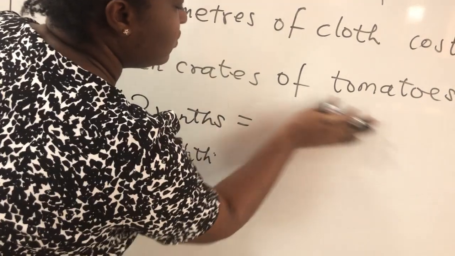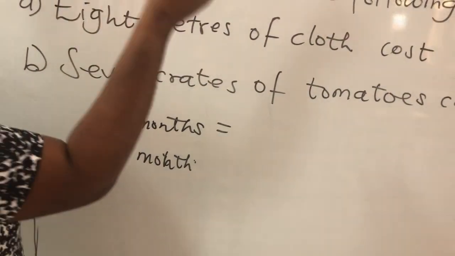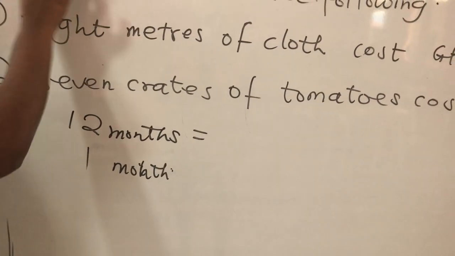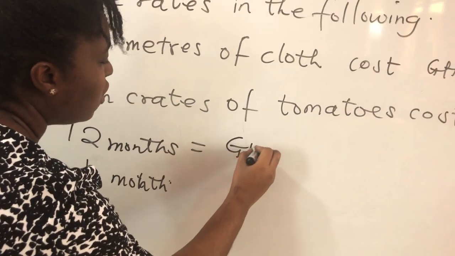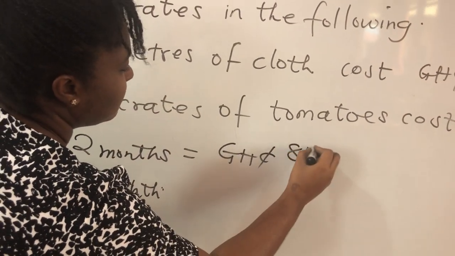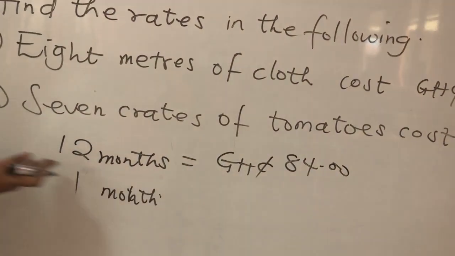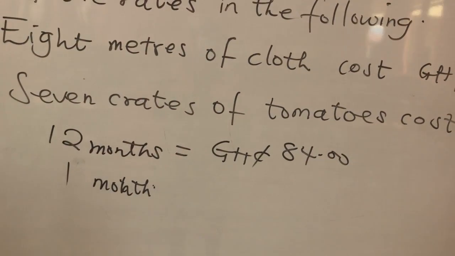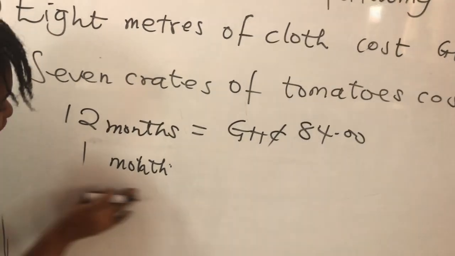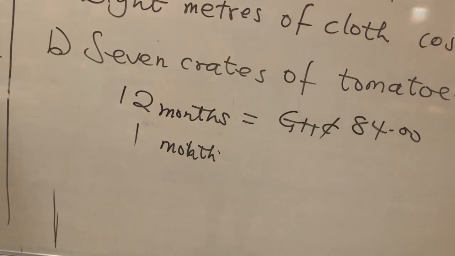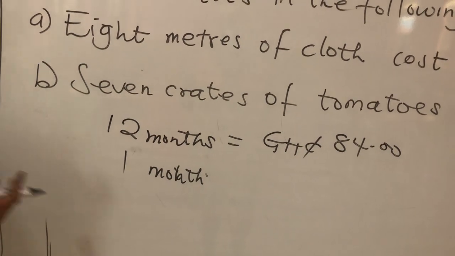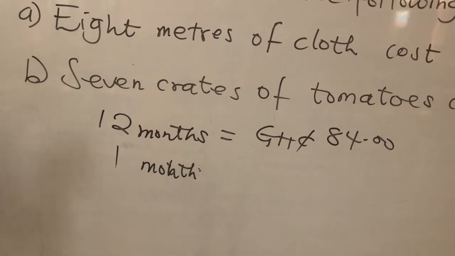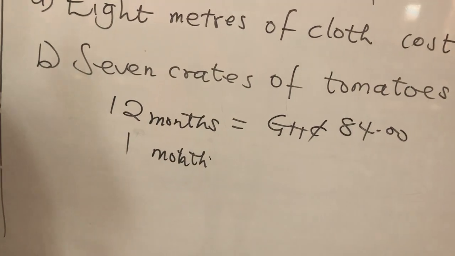Sorry, 12 months is 1 year, but 12 months is equal to what? 84 Ghana cedis. So for the 12 months, he's paying 84 Ghana cedis as his rent. Now they are asking you to find how much he was going to pay for 1 month. How much will he pay for a month?